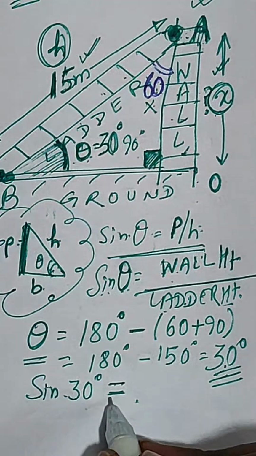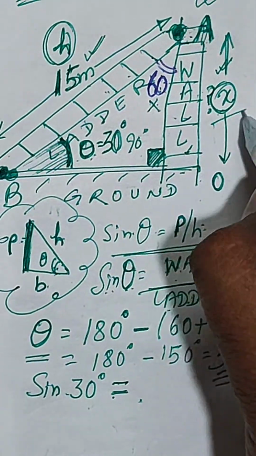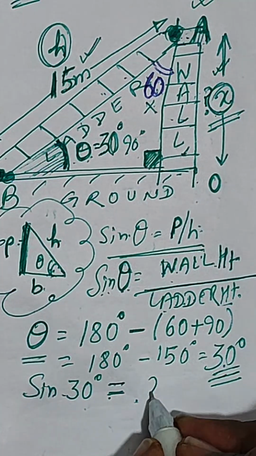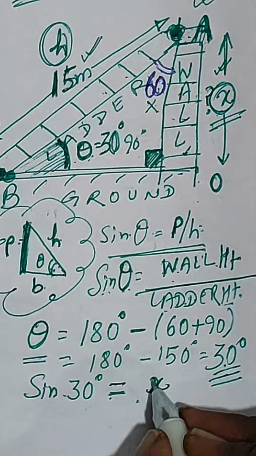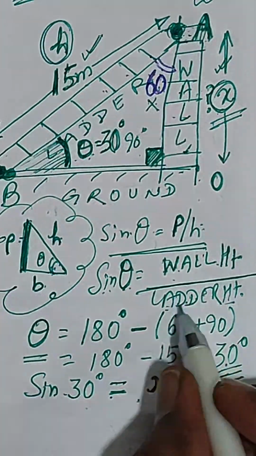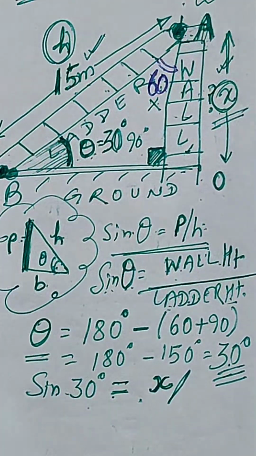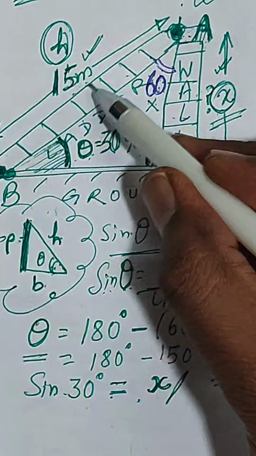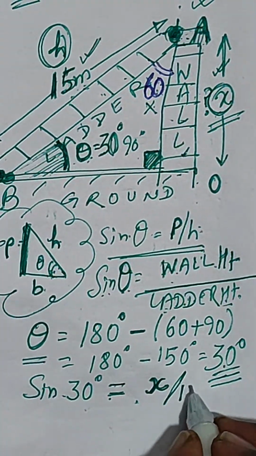So sine 30 degrees is the wall height which needs to be calculated. Let us keep it as x, a variable which we are going to calculate, divided by the ladder height. Ladder height is 15 meters given to you, so divided by 15.